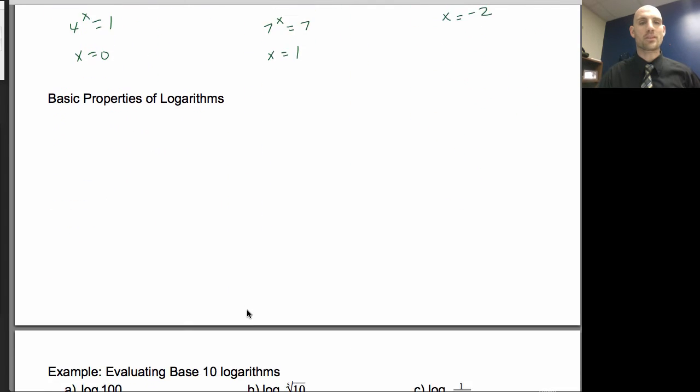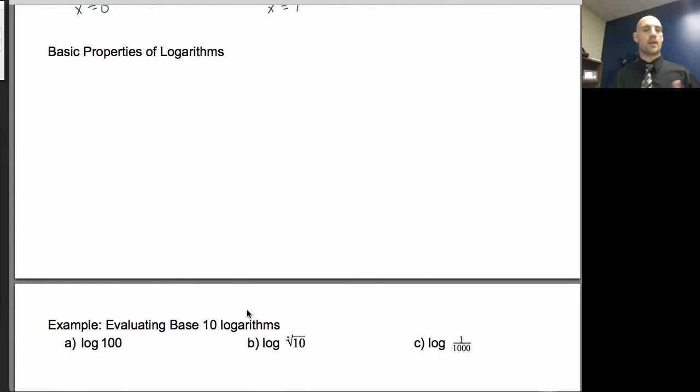These basic properties of logarithms follow logically from that, or they explain some of the other cases. If I've got log base b of 1, it's equal to 0, because if I bring it around the horn, b to the 0 is 1.